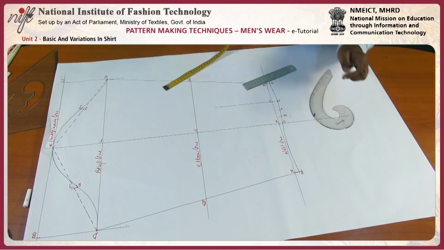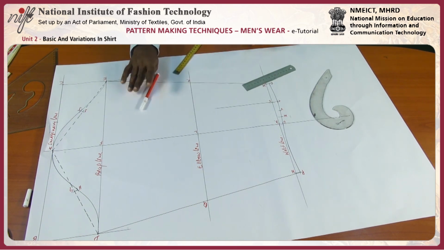W to X is the space between the pleats, 2 centimeter.